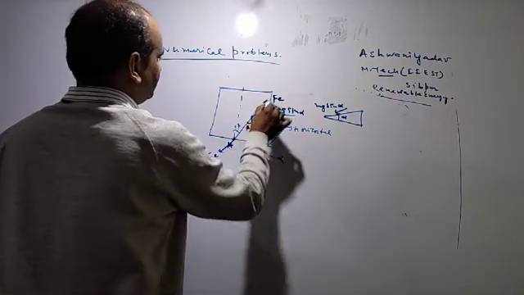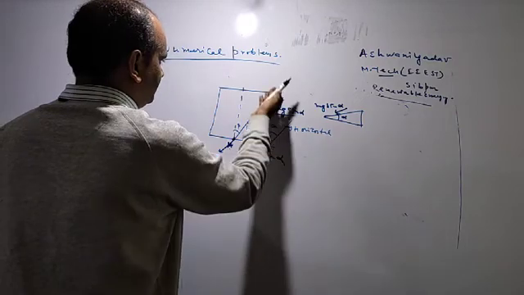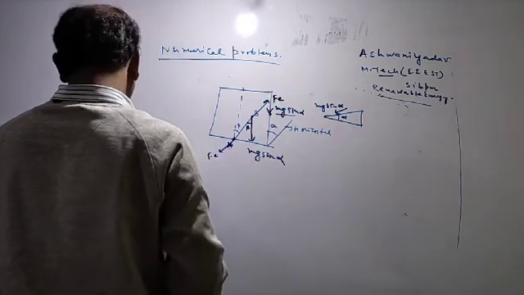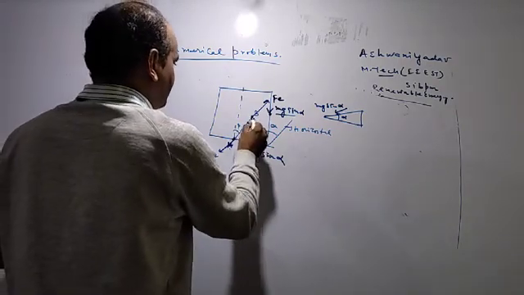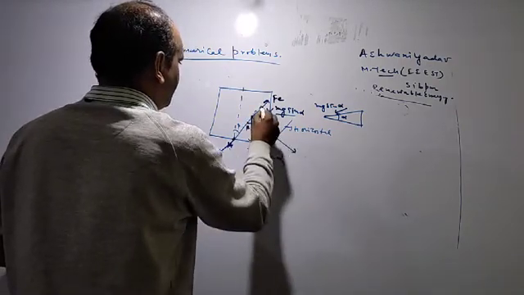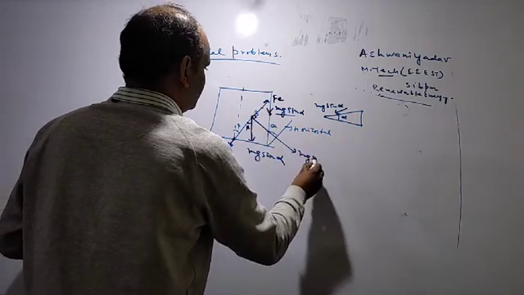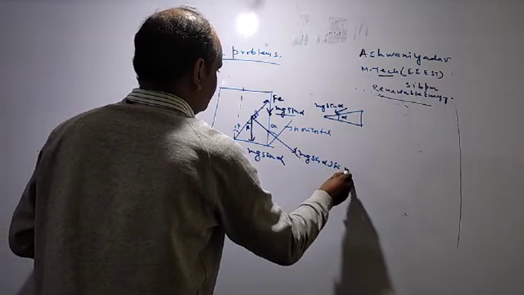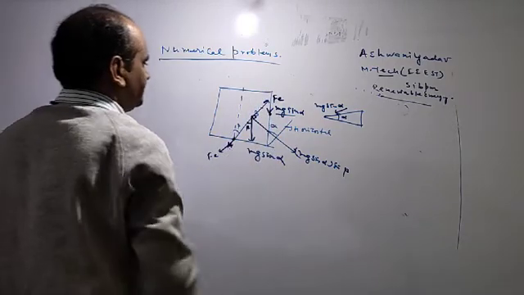Now suppose, consider this line. This will be along the inclined plane, mg sin alpha, and perpendicular to this line we have force mg sin alpha into sin beta, and in this direction this will be balanced by the electrostatic force.